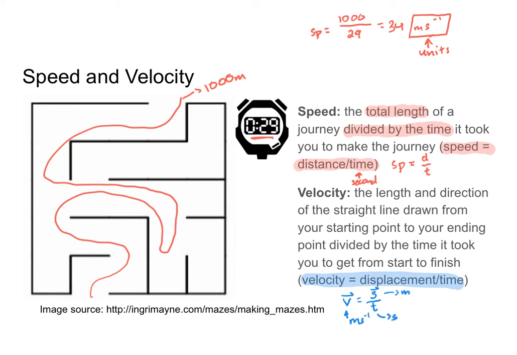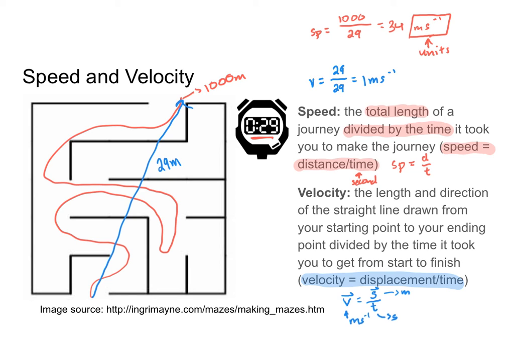So from my start to my finish, say this line is 29 meters. Let's go ahead and rewrite it so it's a little bit more legible. If my line is 29 meters, and it still takes me 29 seconds to travel that journey, then my velocity, v, is equal to my displacement divided by my time, or 1 meter per second.